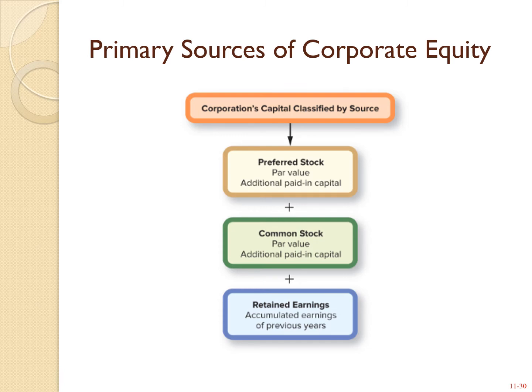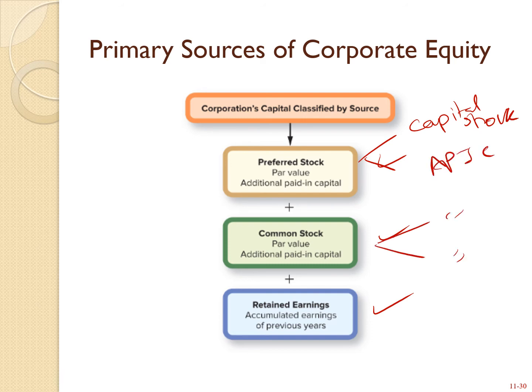Now, the primary sources of corporate equity, after all, you know that you have preferred stock, you have common stock, and you have retained earnings. This one has capital stock and APIC. This one also has both, and this one is an accumulation of net income or profits.